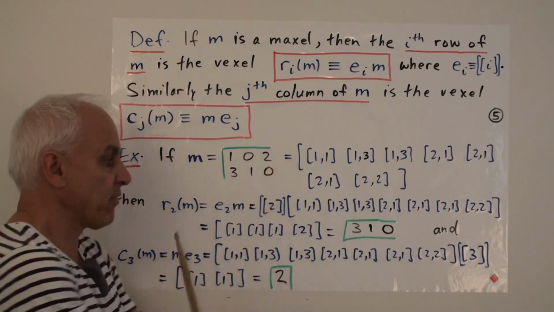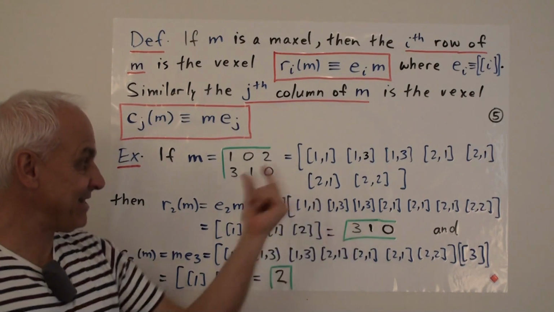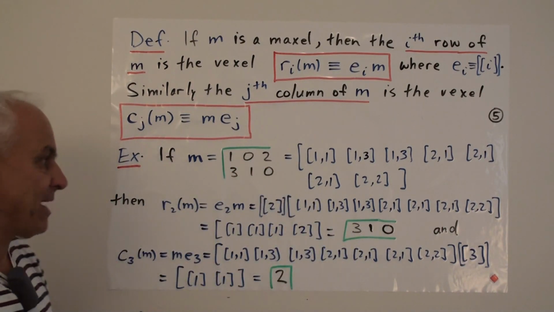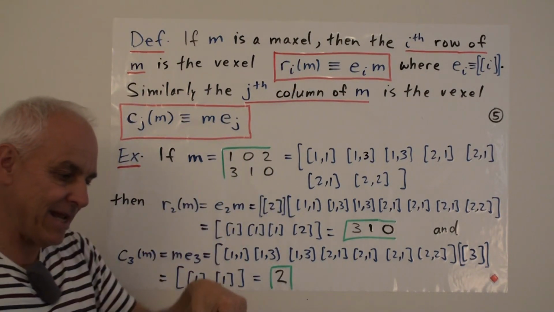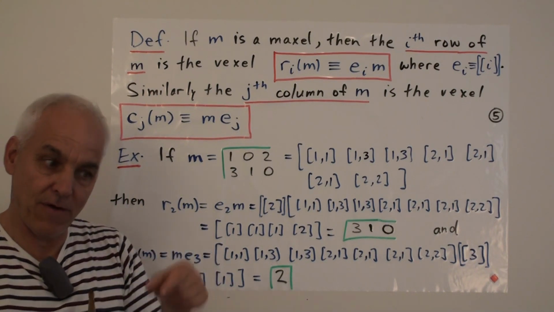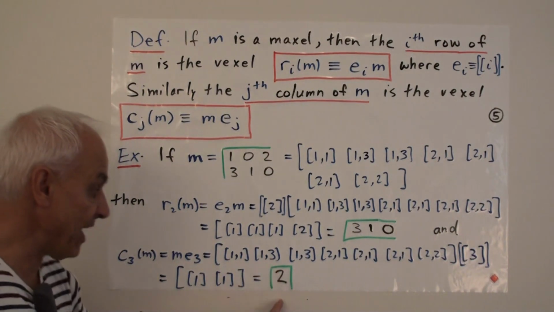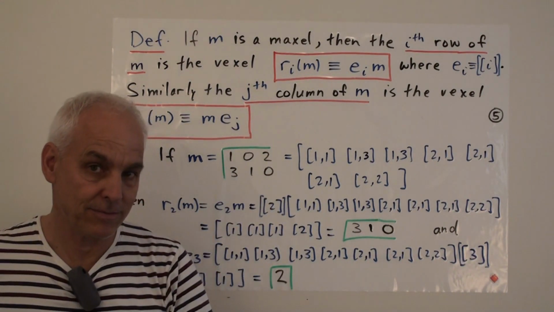The ones that do have 3 as their second entry, the result of the multiplication is just to give us the singleton consisting of their first entry. So basically what we're doing is we're copying that column but replacing the pixels with the singletons of just their first entries. That ensures that we get a vexel where we started with the maxel.